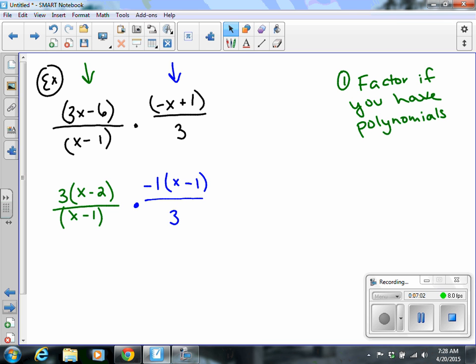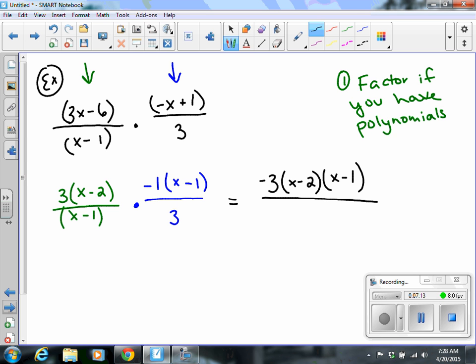Okay, so now with this, I'm going to actually multiply straight across. So I'm left with negative 3 times x minus 2 times x minus 1 all over 3 over x minus 1. The reason why I don't actually multiply my polynomials is because I want to see if anything cancels out. And the reason why I factored was so that I could reduce my polynomial in lowest terms and simplify it.